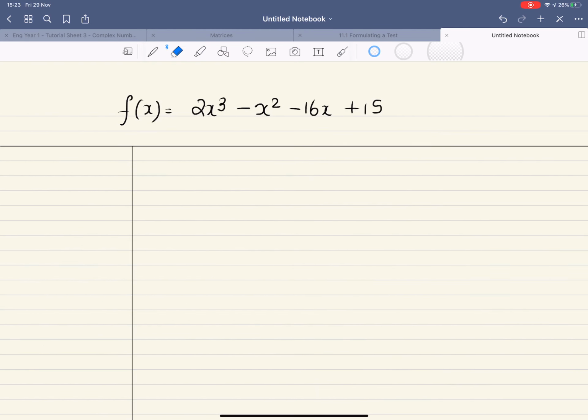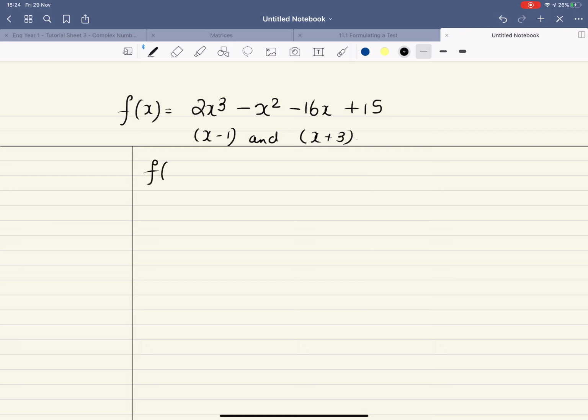And we also know that two of the factors, thank you, are x minus 1 and x plus 3. Okay, so that's two factors. So we've got to finish factorising it, fully factorise it.